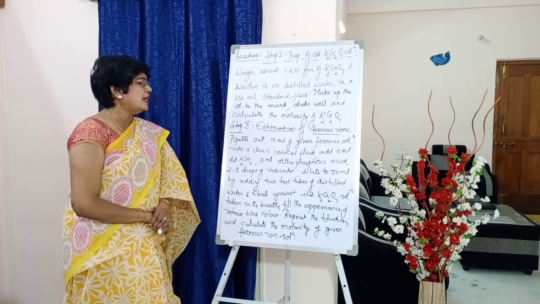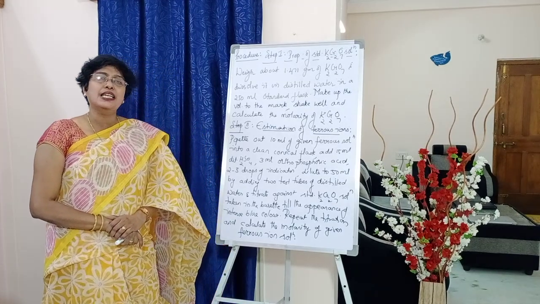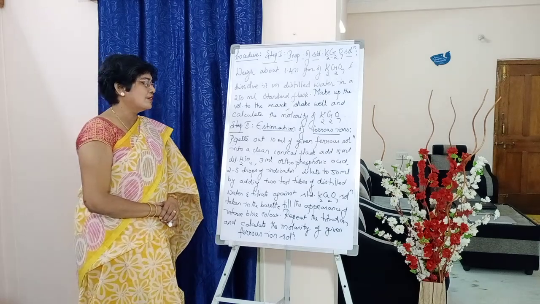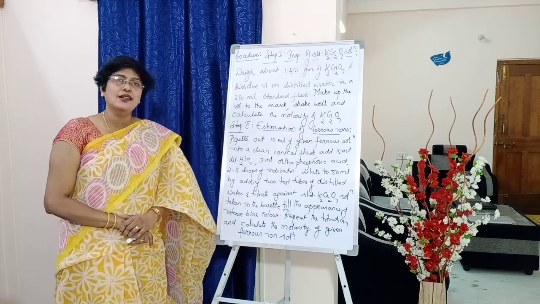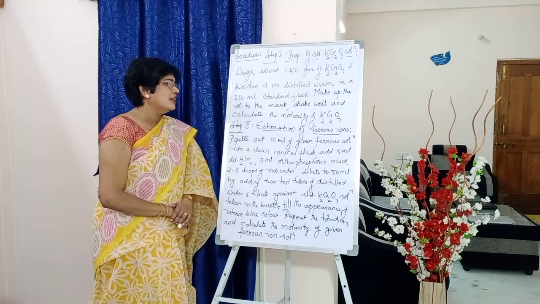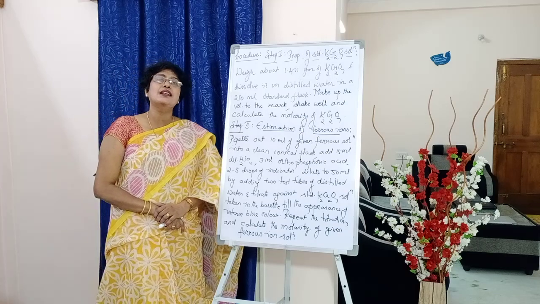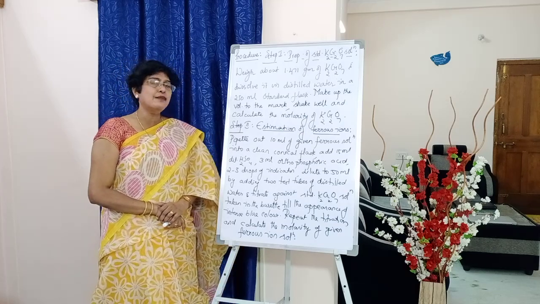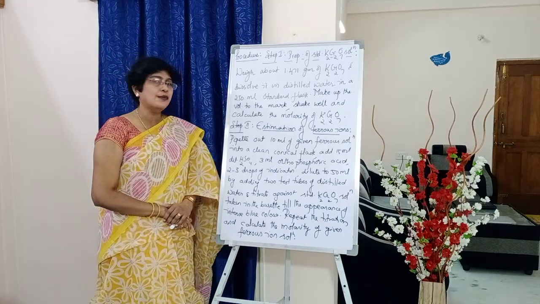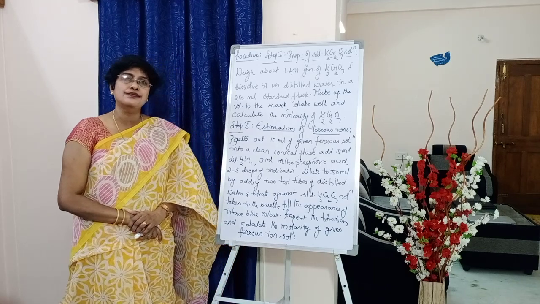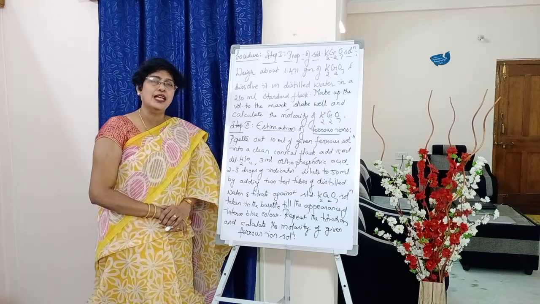So please write down: pipette out 10 ml of the given unknown ferrous solution into a clean conical flask, add 15 ml dilute H2SO4, 3 ml orthophosphoric acid, 2 to 3 drops of indicator, dilute to 50 ml.